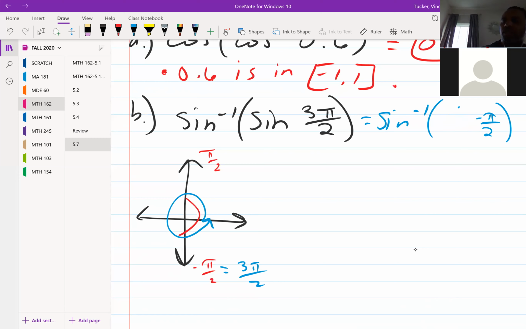Let's do it like this. When I look at sine of 3 pi over 2, ask ourselves what is our coordinate here? Remember that would be 0, negative 1. So the sine of 3 pi over 2 is negative 1.